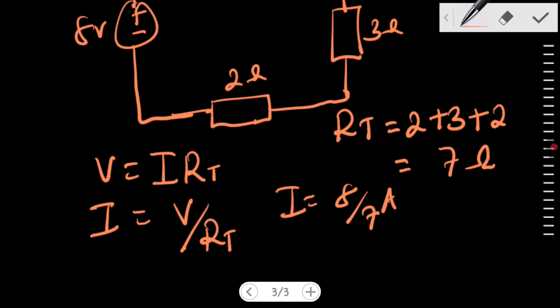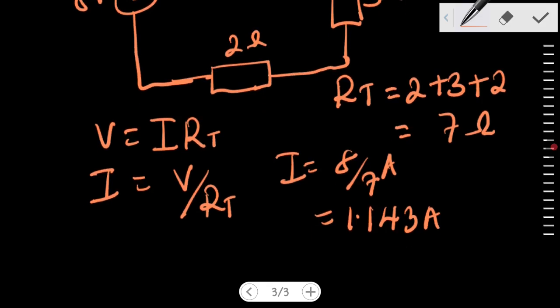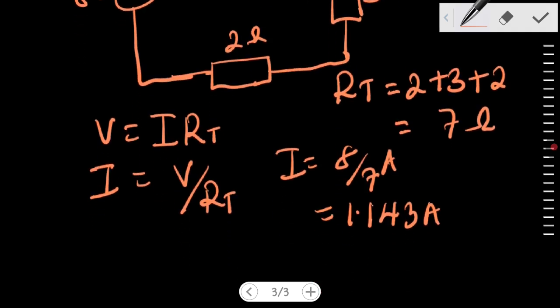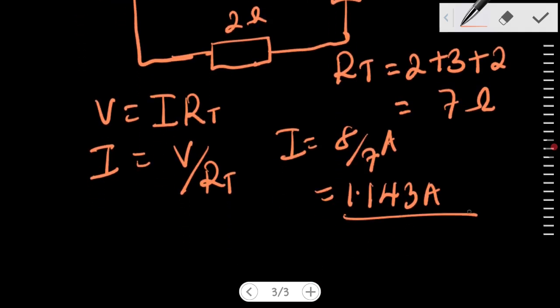8 divided by 7 would give me 1.143 amps, right? So this is the total current that's flowing throughout this circuit. But since the resistors are in series, the current through them is the same, right?